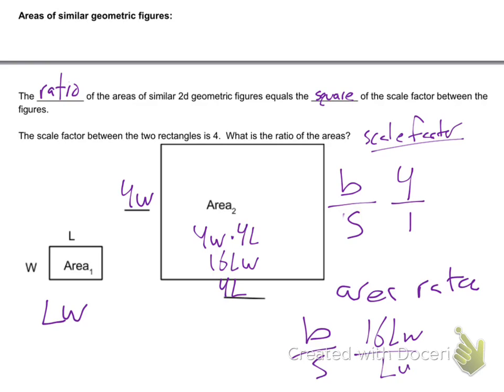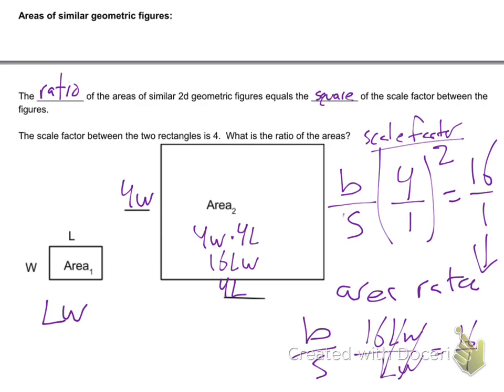Just LW. What happens to the LWs? It'd be 16 to 1, yes? What's the connection between 16 to 1 and 4 to 1? According to this statement, if I take the scale factor and square it, I'll end up with the 16 to 1, which is the ratio of the areas.